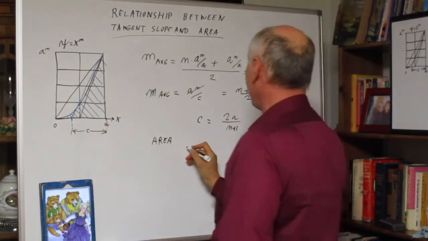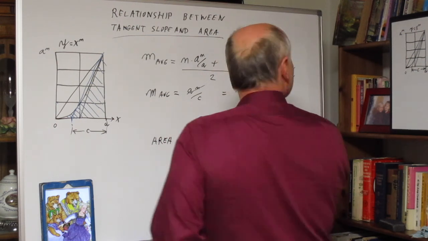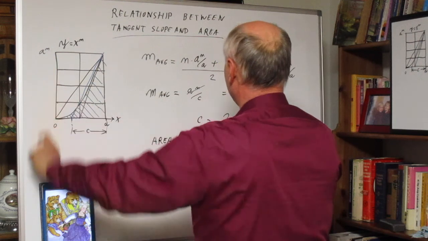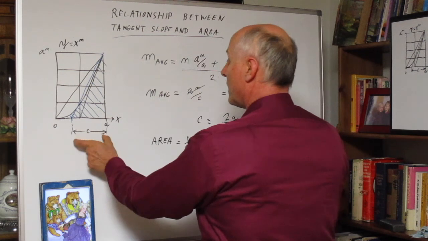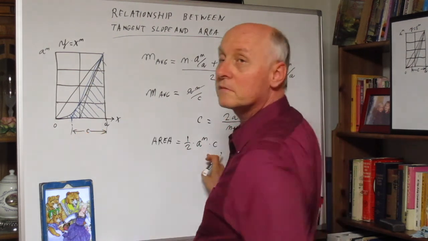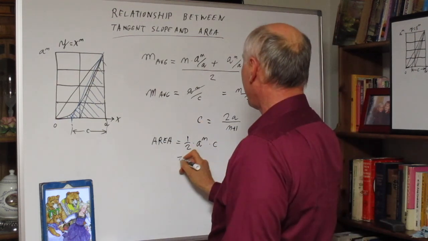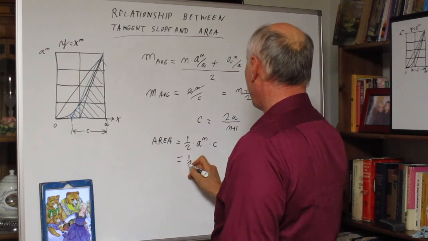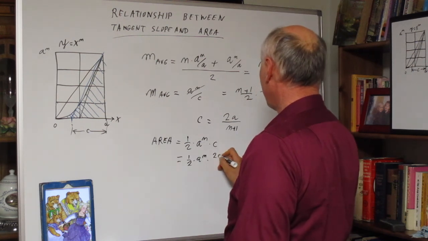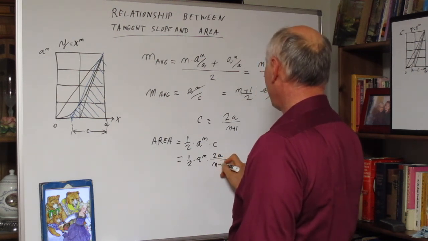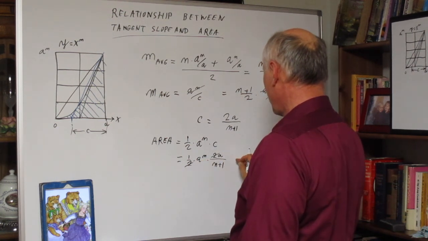Let's see what happens. Area equals 1/2 times base, height, a to the n times your base, c. That's a triangle, right? But c is over here, so that equals 1/2 times a to the n times 2a over n plus 1. Look at this, 2 cancels 2.